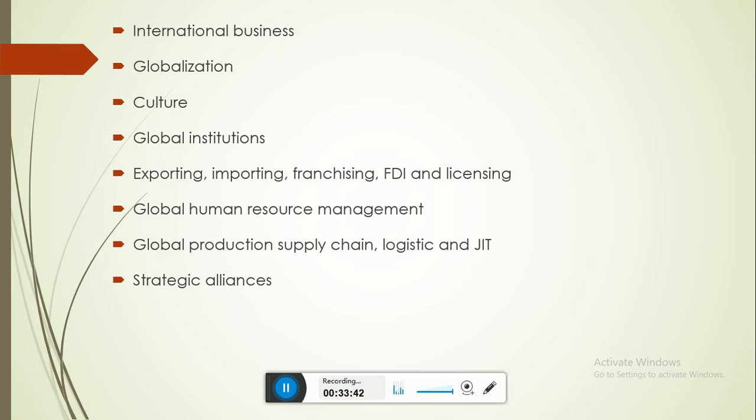We have also discussed certain international theories, exchange rate risk, and many international risk management topics. We have discussed all these systems as well.